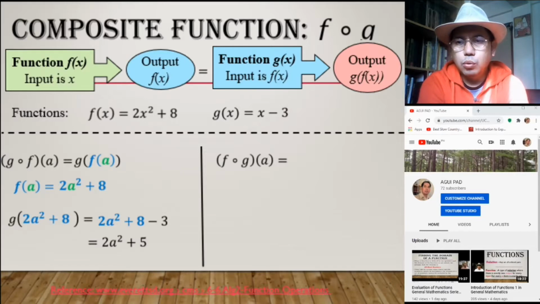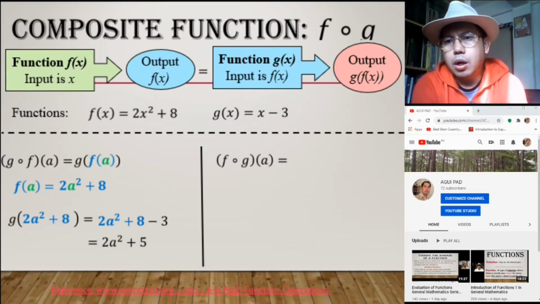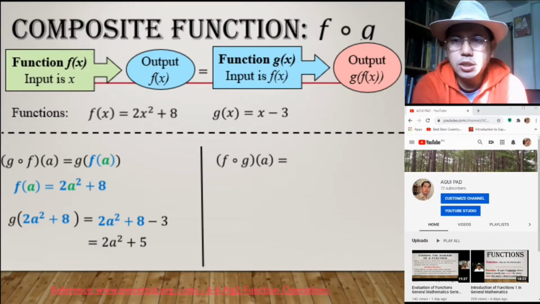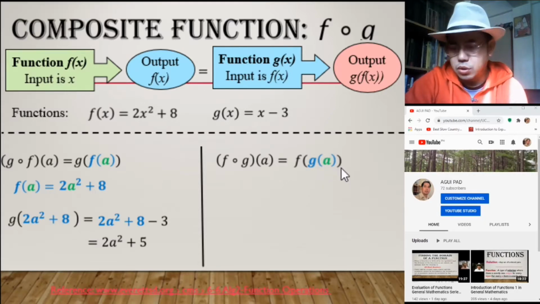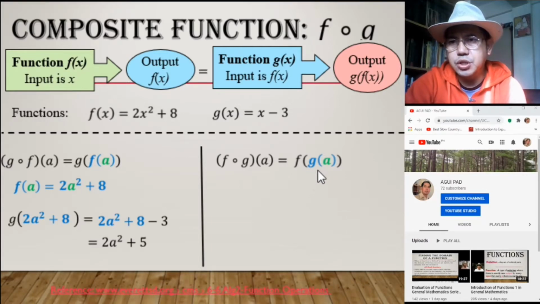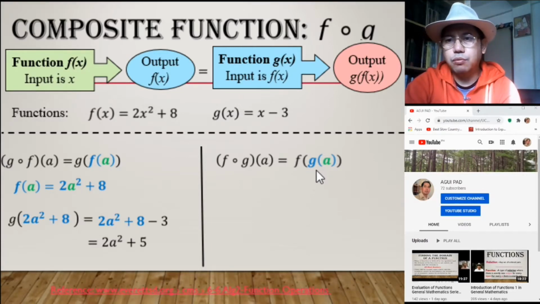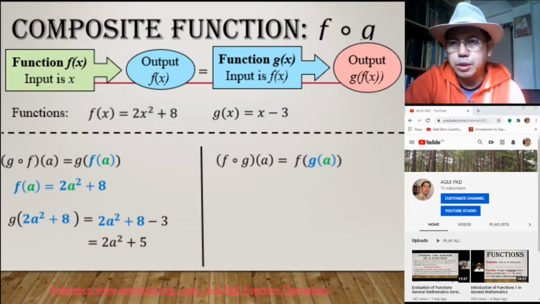Now, what about if we are going to interchange the function? What would be the result of f function and g function if our x would be just the same a? To solve for it, again, follow this pattern. What is the pattern? f of g of a. So to solve for the problem, of course, we will solve first the g function as our first function to be computed.